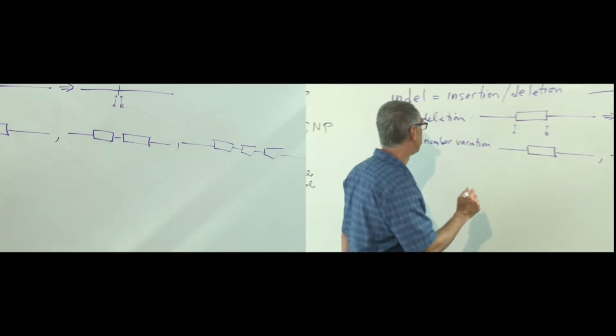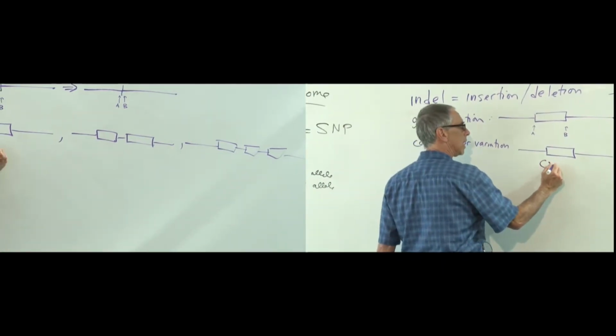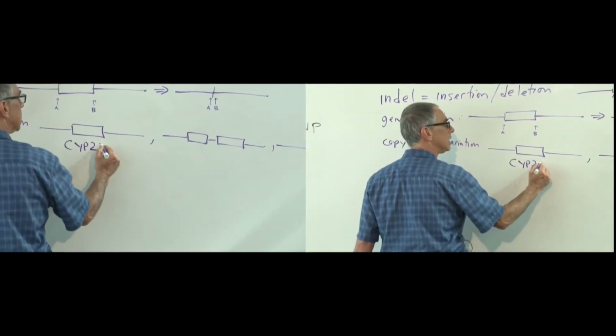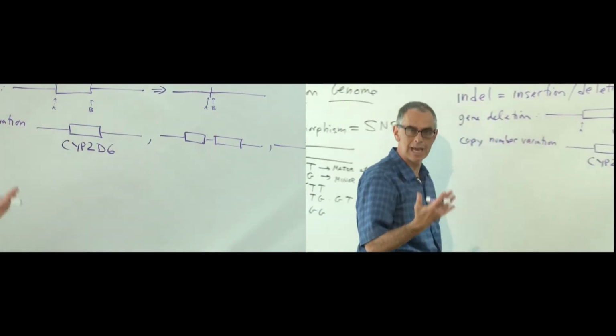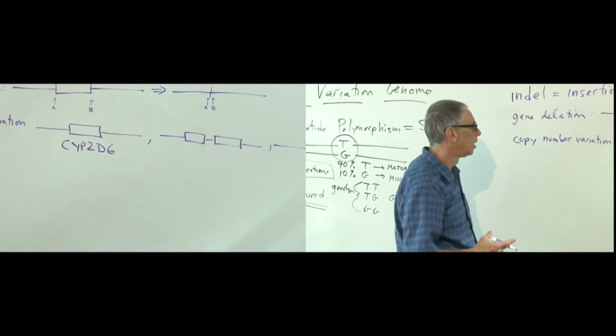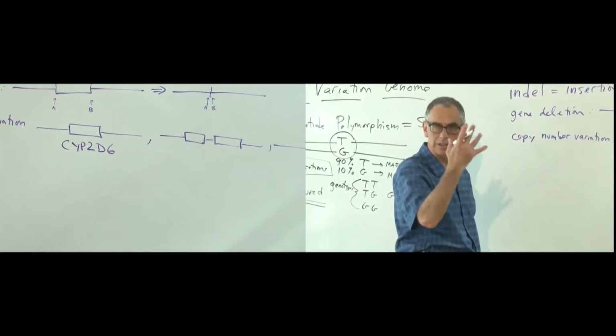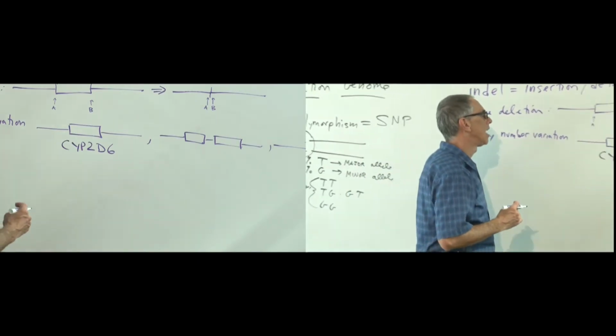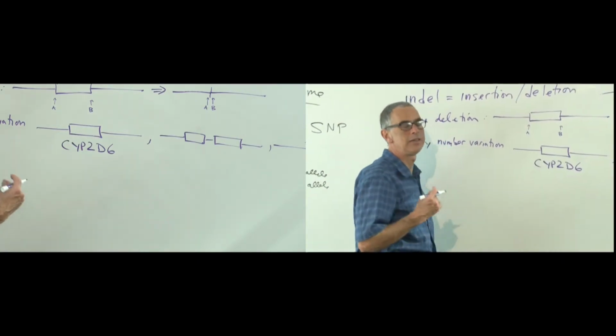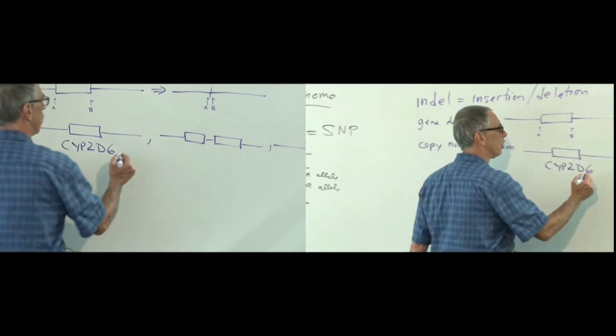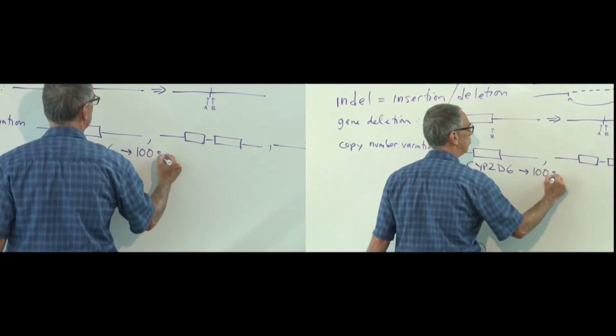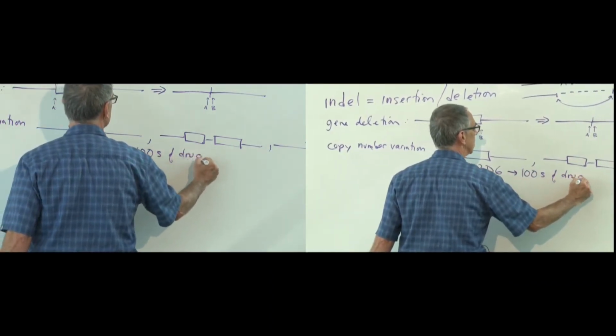Just to give you an example, there's a famous cytochrome 2D6, which is one of the metabolizing enzymes in the liver. It's a member of the cytochrome family that we have discussed in other segments. Cytochrome 2D6 is involved in the metabolism of hundreds of drugs that it metabolizes.